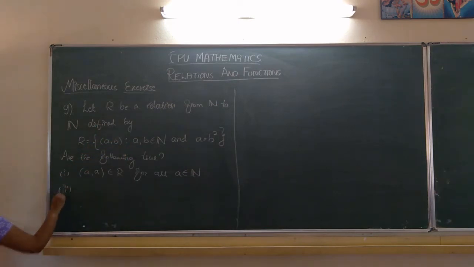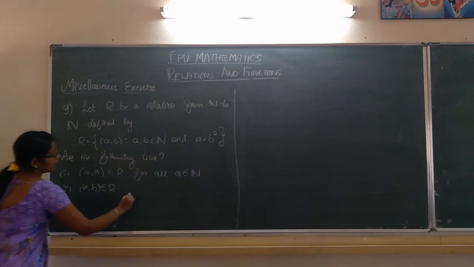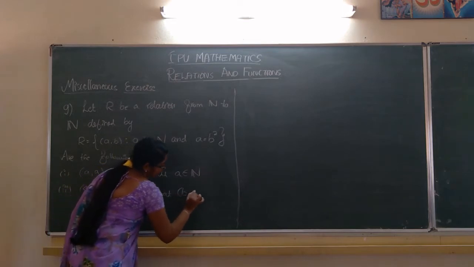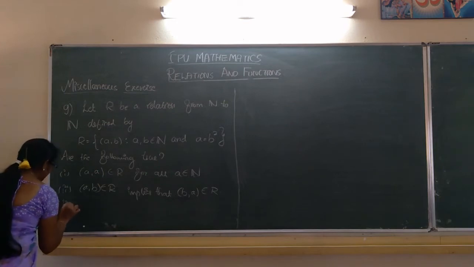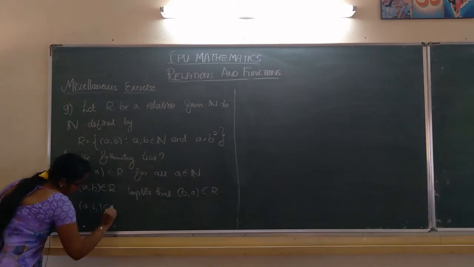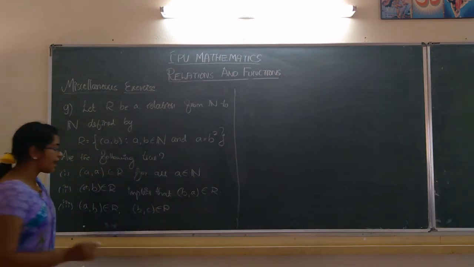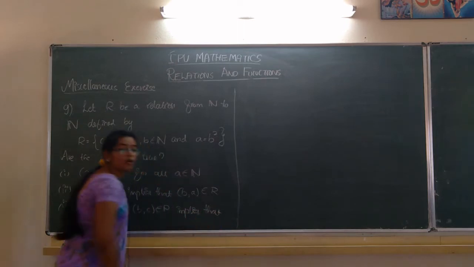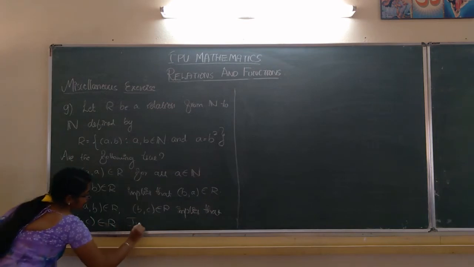And second one is, A comma B belongs to R, whether it implies that B comma A belongs to the relation R. The third thing is, if A comma B belongs to R and B comma C belongs to R, whether it implies that A comma C belongs to R. Justify.